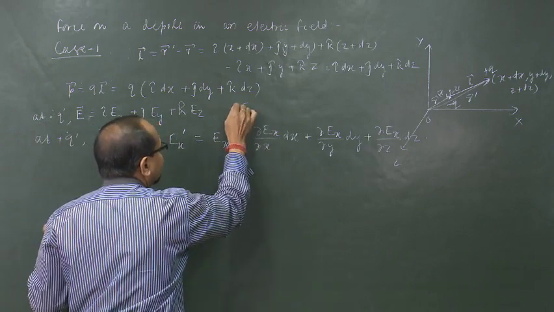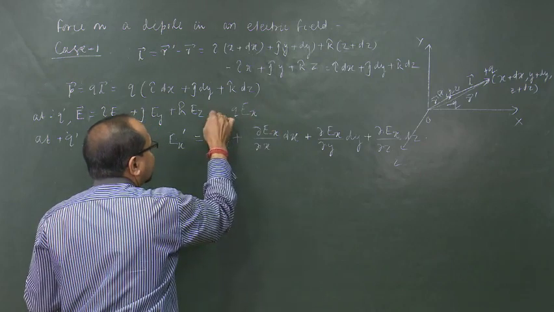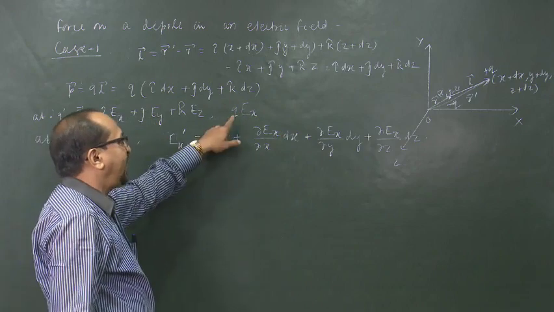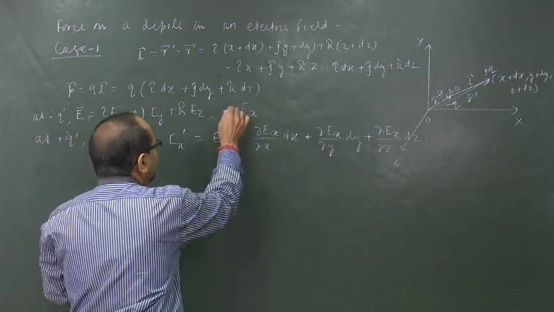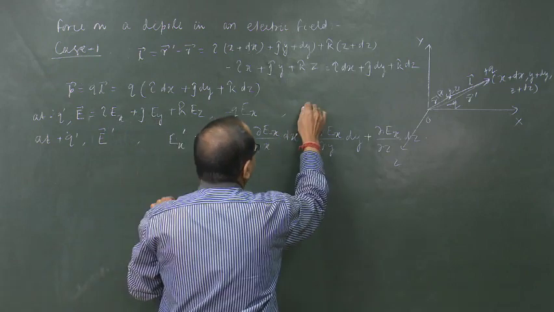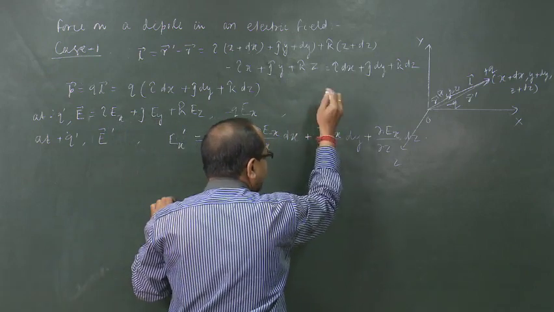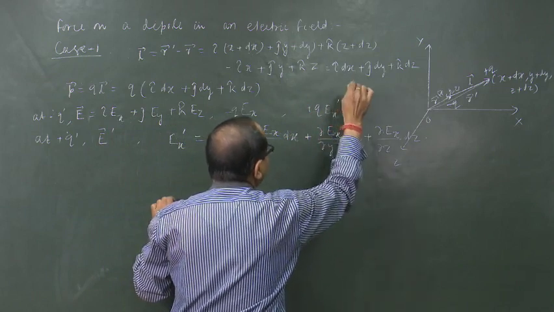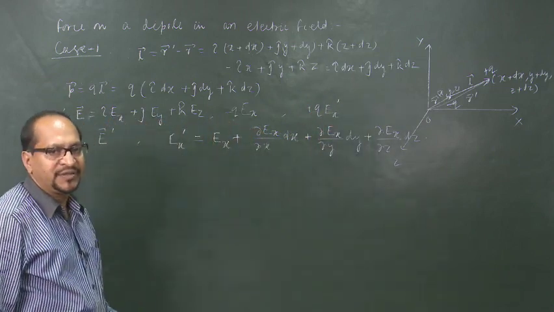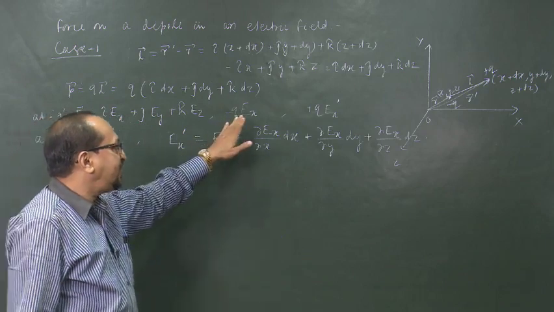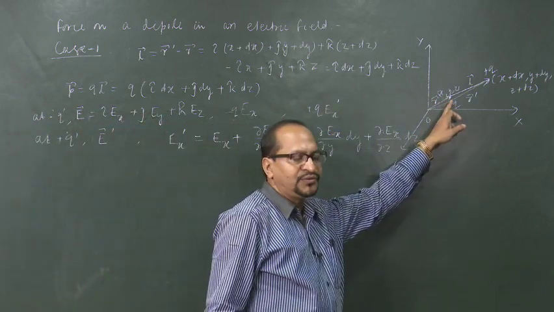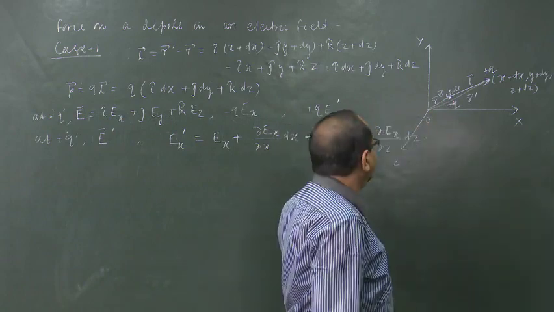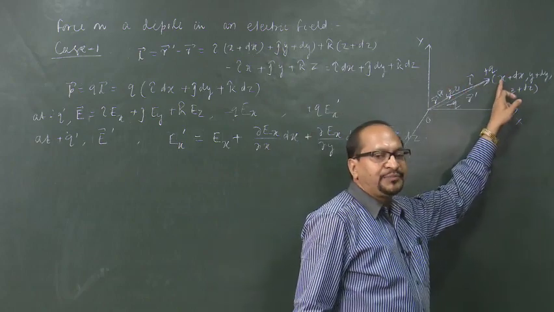So the x component of the force acting on the charge minus q will be minus q E x, while the x component of the force acting on charge plus q will be q into E x dash, because E x dash is the x component of field at plus q.